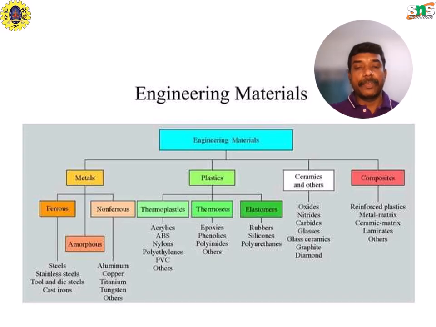It has a few classifications, such as rubber, silicone, or polyurethane. Similarly, ceramics are the third classification, which consists of different kinds of materials such as oxides, nitrides, and carbides. These are classified under the title ceramics. Composites are a different kind of materials which can be classified into reinforced plastics, metal matrix composites, or ceramic matrix composite materials.